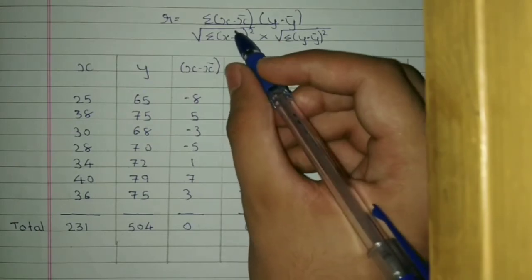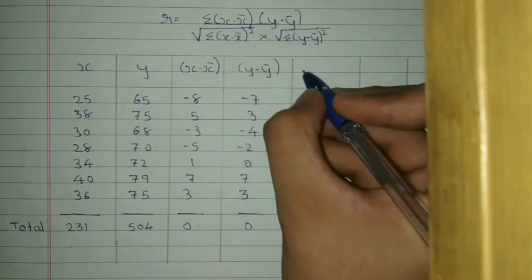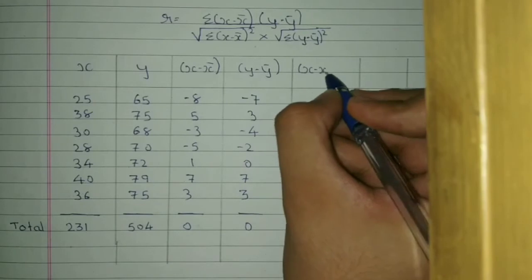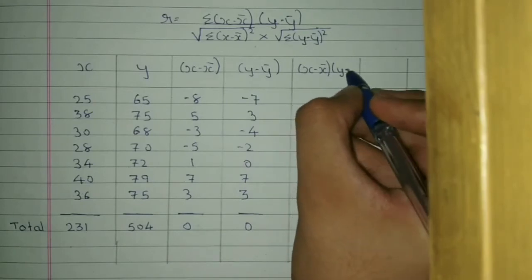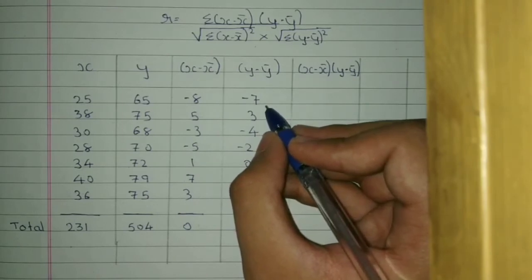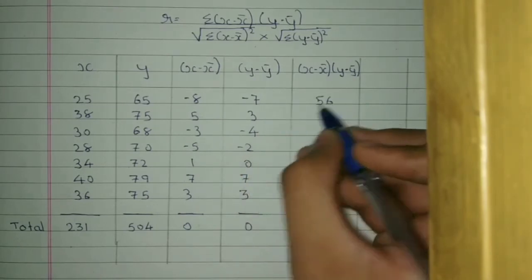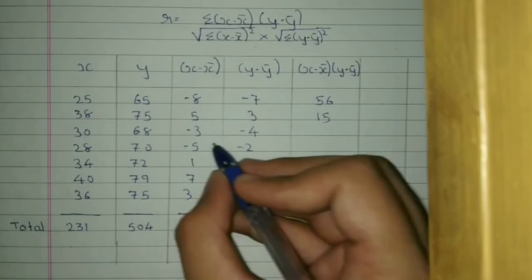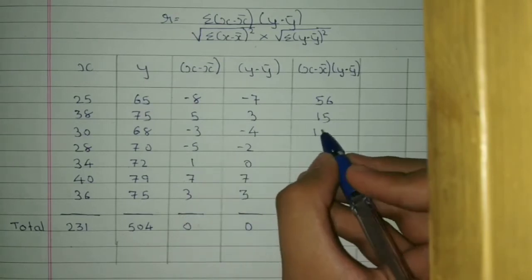Now we want (x minus x bar) into (y minus y bar). Minus 8 into minus 7, 56. 5 into 3, 15. Minus 3 into minus 4, 12.